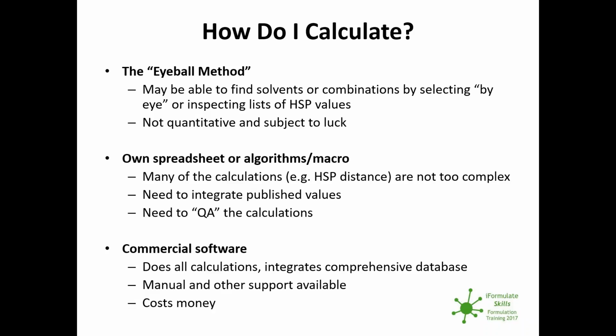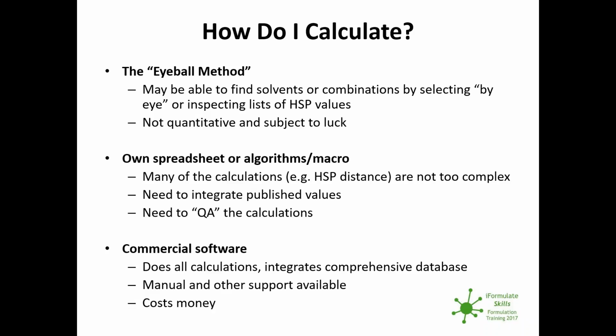It's possible to construct your own spreadsheet or build your own algorithms based on the mathematics of HSP. You might build a macro, for instance, and many of those calculations, such as the HSP distance that we've shown you, aren't too complicated, so that can be done. You'll need to find a way to integrate those published values into your spreadsheet system, and you'll need to, at some stage, quality assure your calculations.